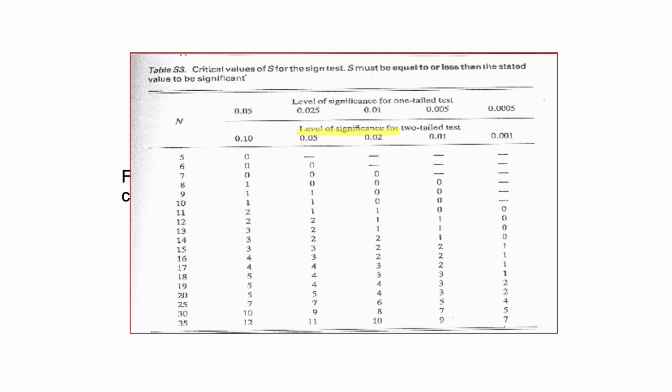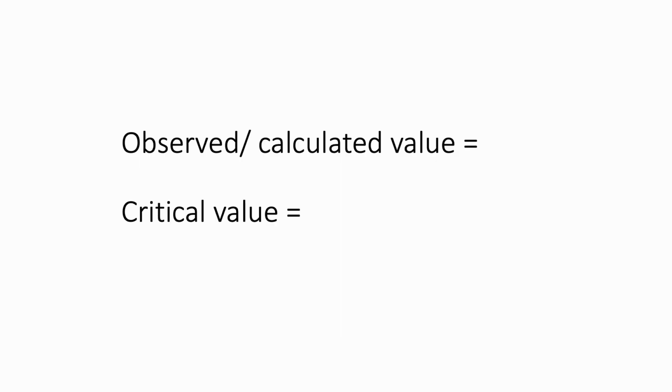It's the level of significance for a 2-tailed test for 6 participants at the 0.05 level gives you a critical value of 0. So let's compare them. Calculated value of 2, critical value of 0.